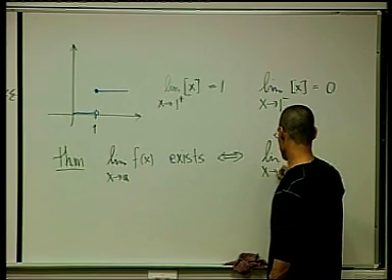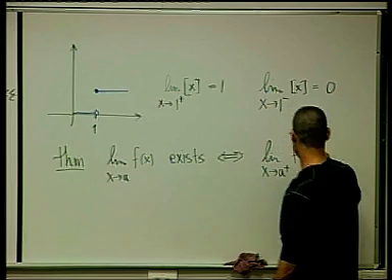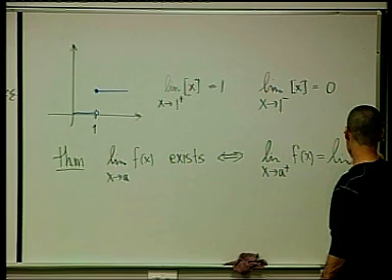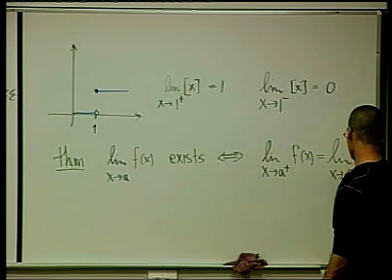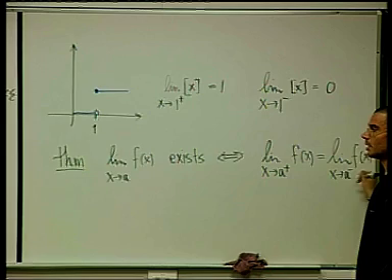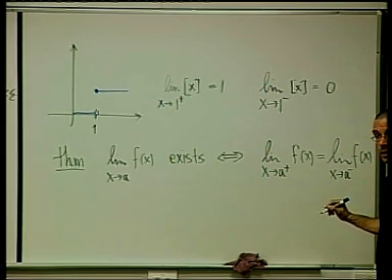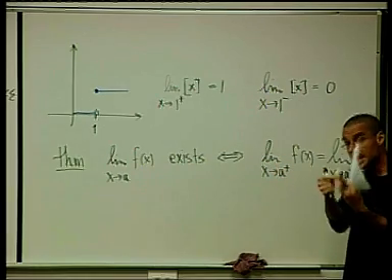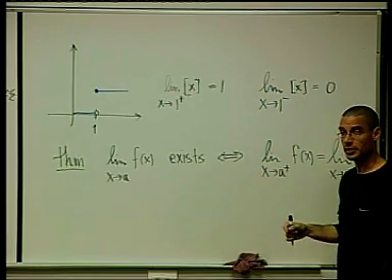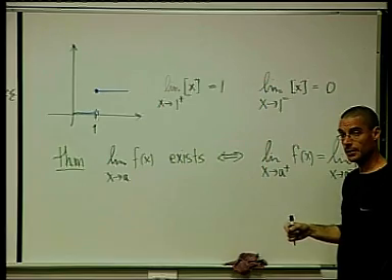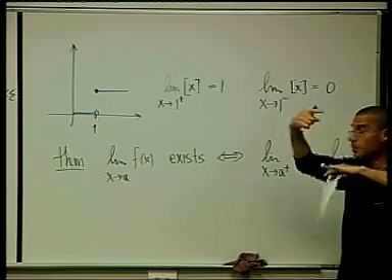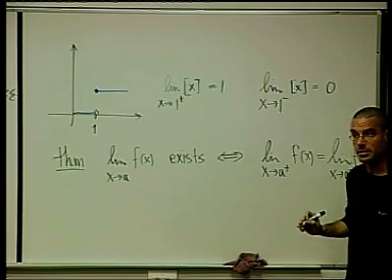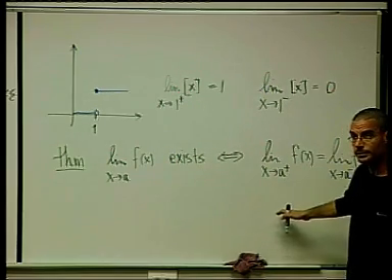The limit as x approaches a from the right of f exists and is equal to the limit as x approaches a from the left of f. Okay? So if both one-sided limits exist and they're equal, that means the limit itself exists. And if they're different, even if they both exist but they're different, then the limit does not exist. Clear?